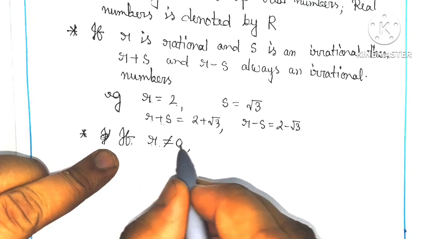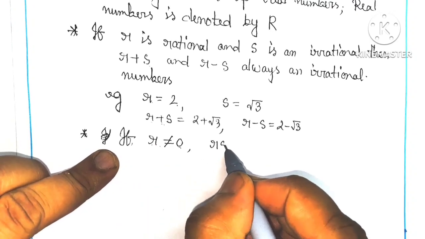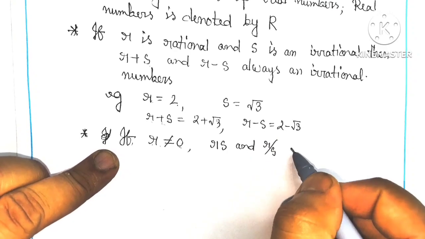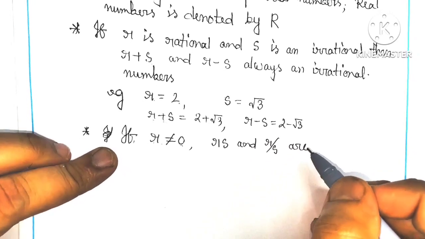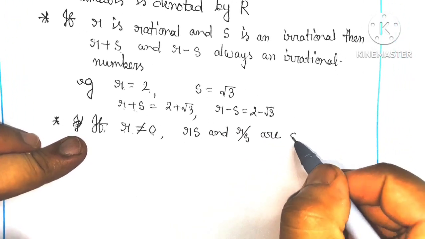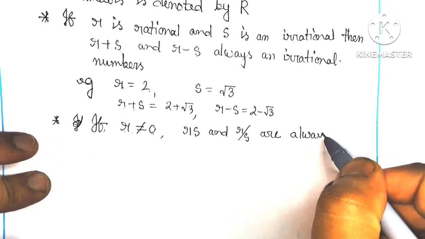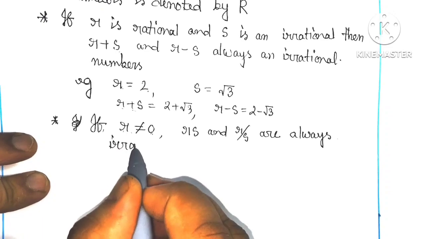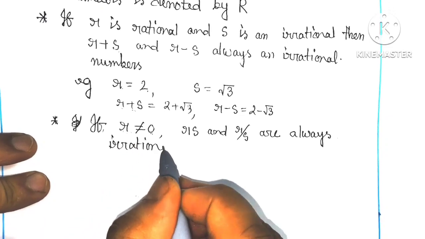So if R is not equal to 0, then the product RS and the quotient R by S are always irrational numbers.